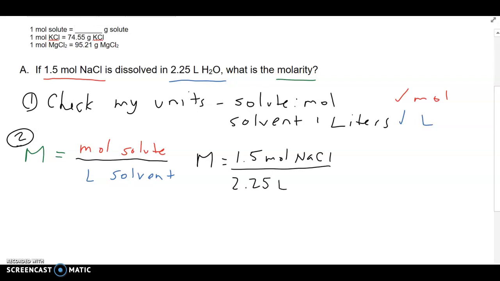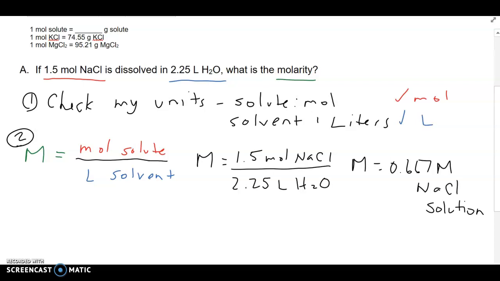2.25 liters of H2O. Okay, so when I do that division, then I come up with my M equals 0.667 molar NaCl solution.